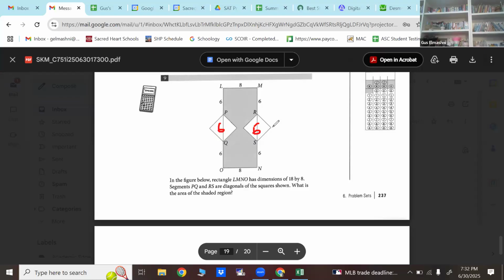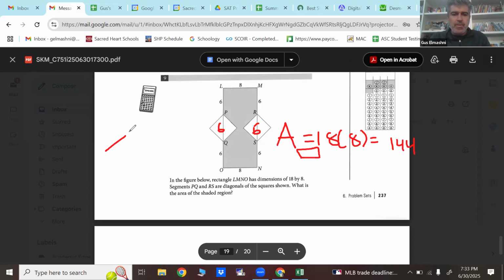Correct. So now, let's find the area of the rectangle. What's the area of the whole thing? Whatever 18 times 8 is, which is 144, I think. Use a calculator, of course, or do it in your head. So the area of the rectangle is 144.